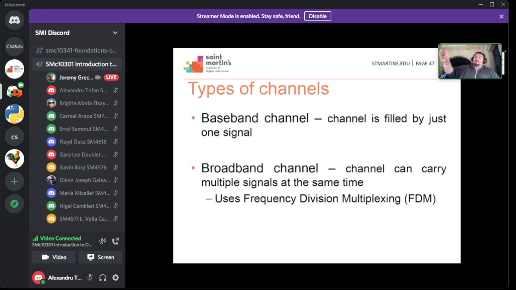And when you're tuning your radio, you are blocking out certain frequencies so that you can tune into a particular frequency and hear the radio station that you wanted to listen to. Essentially, that is the way that a radio works in a nutshell.